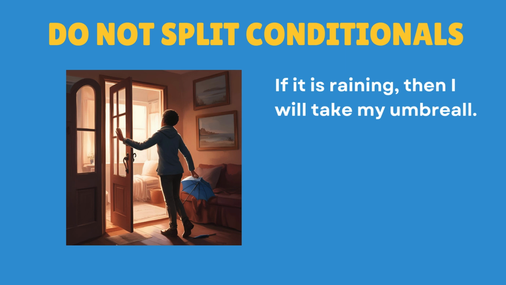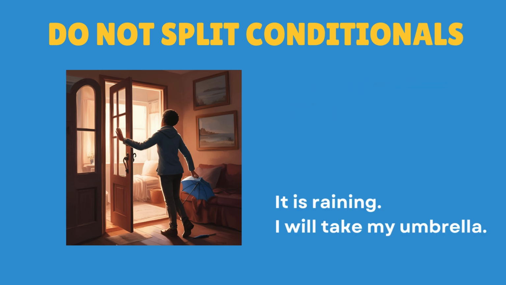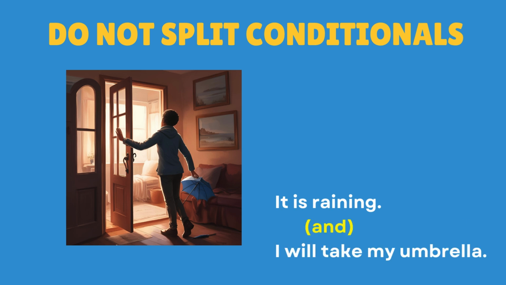When someone asserts the conditional statement, they are saying that if the condition that it is raining is fulfilled, then the condition that I will take my umbrella will be fulfilled. Whereas when they assert the statement "it is raining" and the statement "I will take my umbrella" at the same time, they are asserting that both the condition that it is raining and that I will take my umbrella are fulfilled.